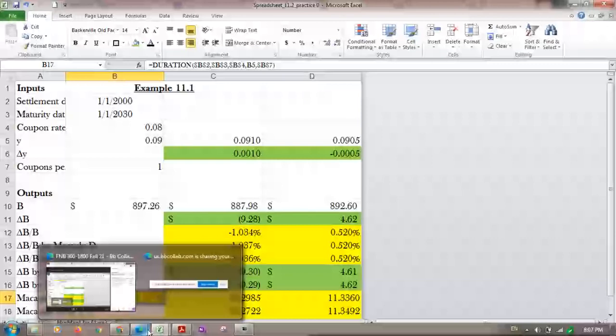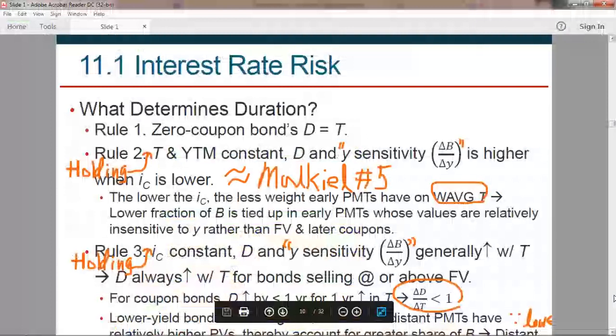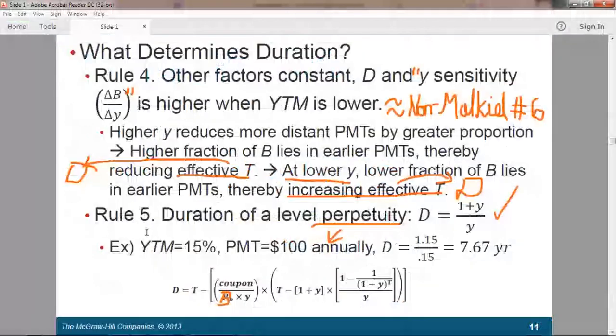And then here, this is the thing: duration of perpetuity. You know what perpetuity is? It's a perpetual annuity. It's like an annuity, but it's not a bond. A bond has maturity, so it stops.